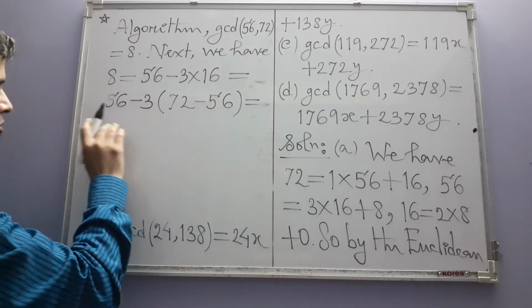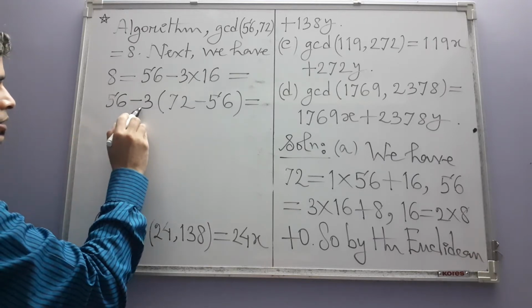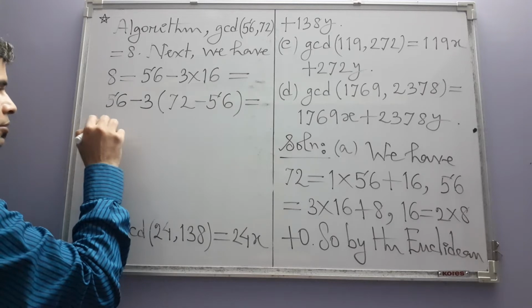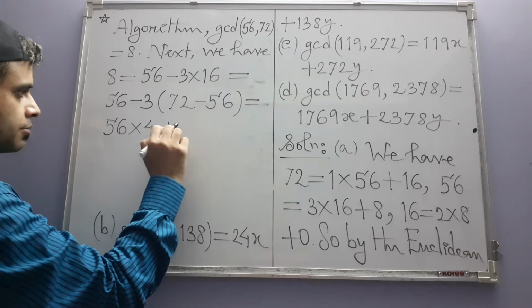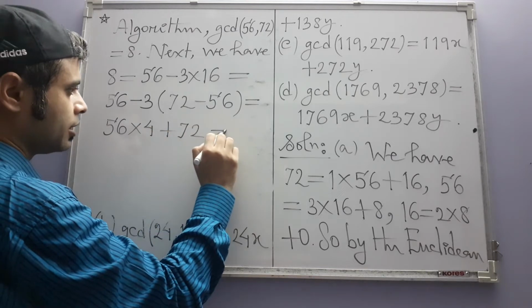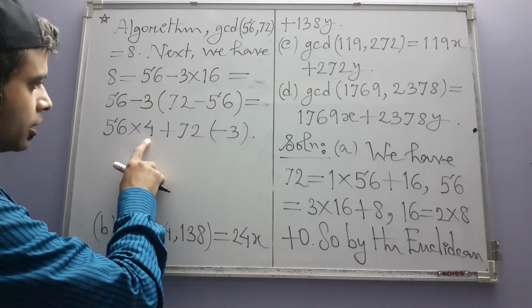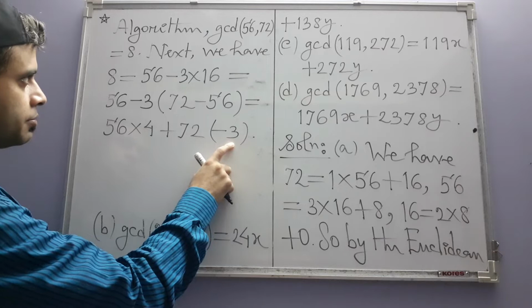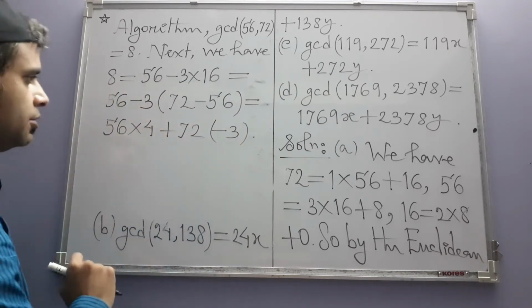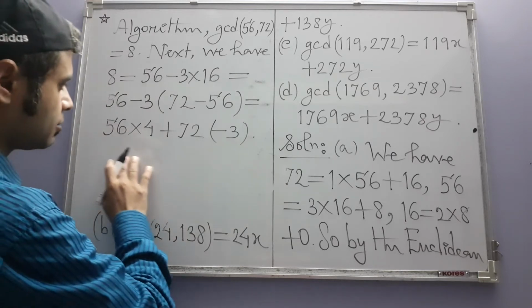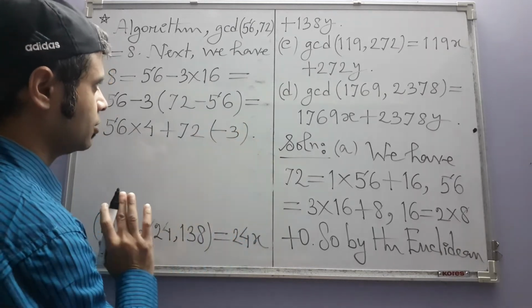So now if you do the calculation, you ultimately get this: 56 plus 3 times 56, that means 56 times 4 plus 72 times minus 3. So x is 4 here and y is minus 3. And this linear combination equals the GCD of 56 and 72, which is 8. So hence x is 4 and y is minus 3, which of course is evident, so I am not going to write it.